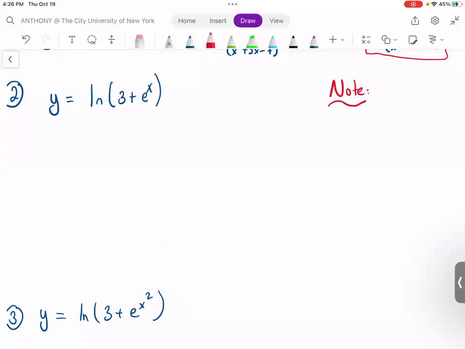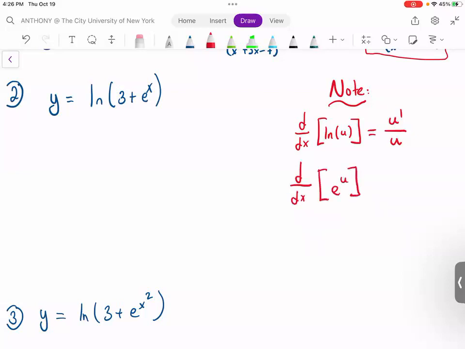It states that if you want to find the derivative with respect to x of ln of u, where u is a function of x, then this is now going to be u prime divided by u. In addition, if I say find the derivative with respect to x of e to the u, this will be u prime times e to the u.